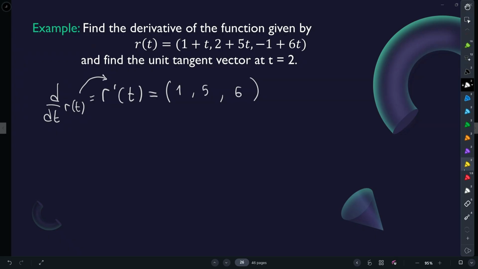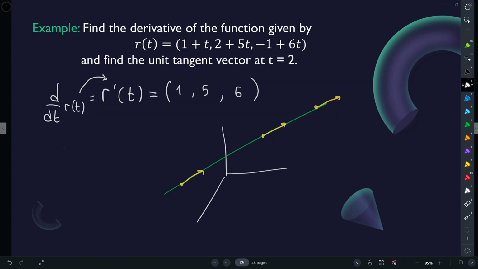I'm not going to draw it to scale, but the line is somewhere like that, and at any point we have the same derivative, the vector pointing in that direction all the time. In particular, they tell me to find the unit tangent vector at t equals 2.